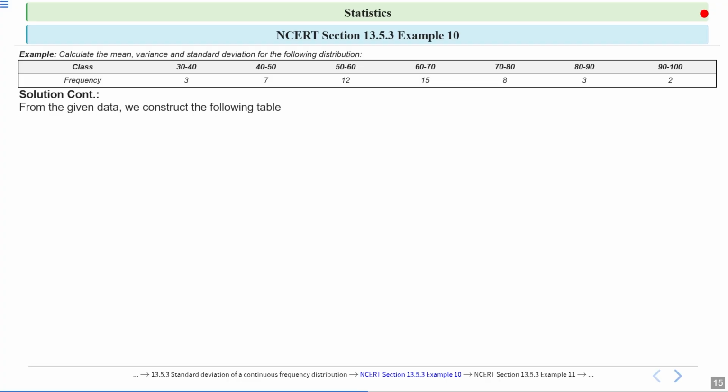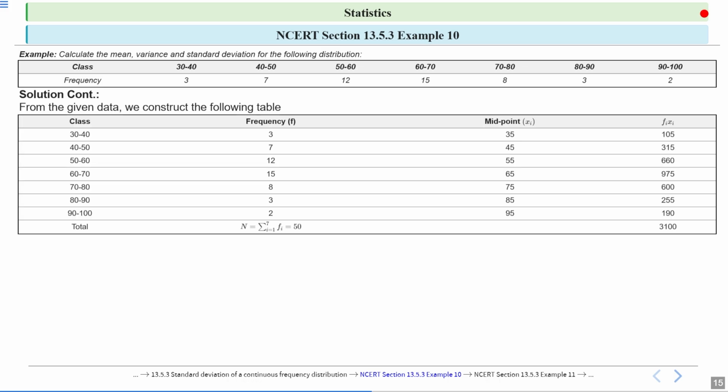From the given data, we construct the following table. So look at very carefully this table. Okay, so in this table we added new column midpoint and we calculated fi times xi for each xi. Okay, so look at here in the bottom, n equal to sum from i equal to 1 to 7 fi, and this is equal to 50, and sum from i equal to 1 to 7 fi xi is 3100.